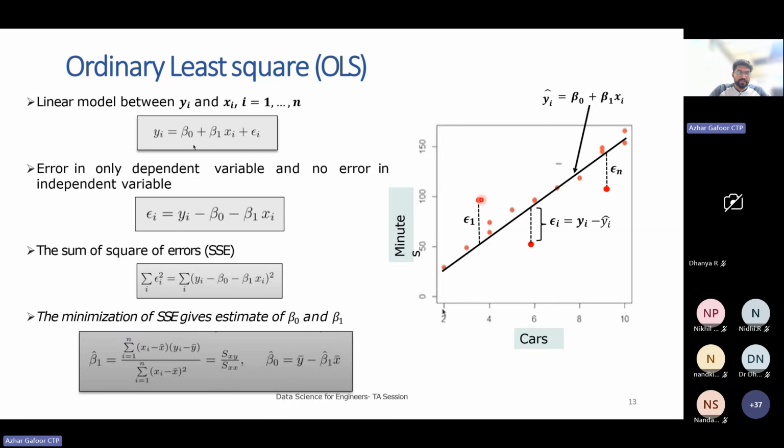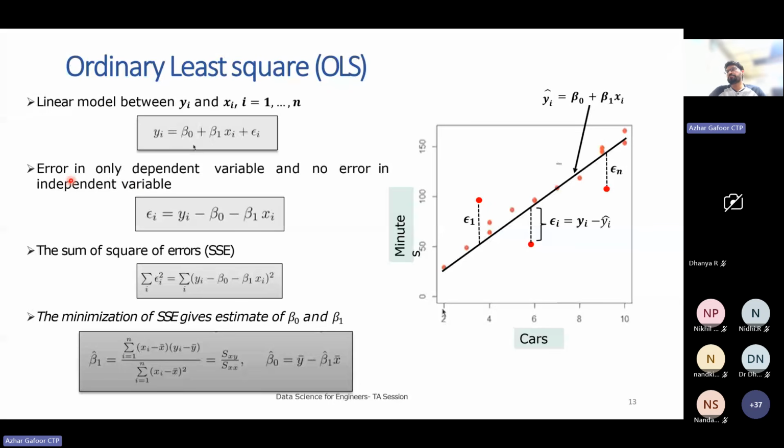So if you want to get this point, we have to add the error along with this line. That is true for each and every point. The error is given by the distance or the departure of any point from the line.